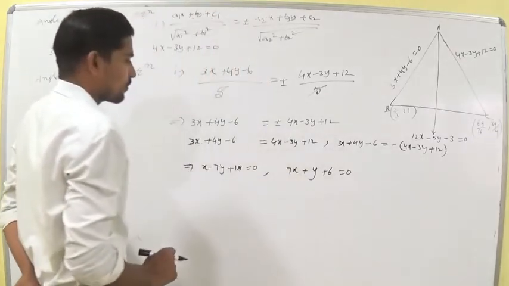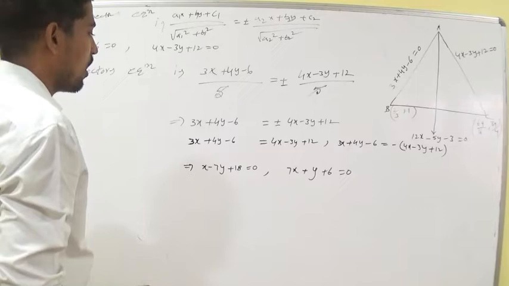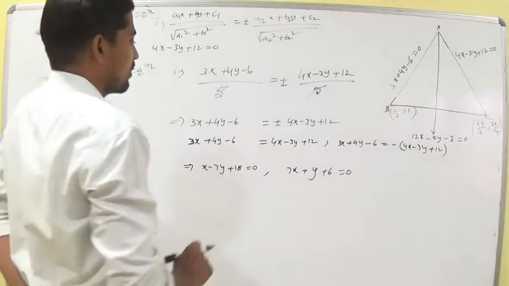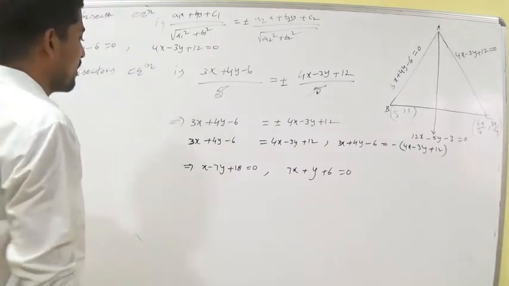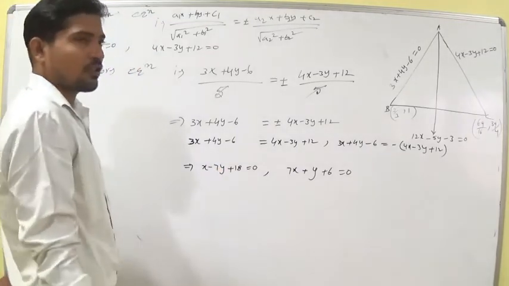So 7x plus y plus 6 equal to 0 and x minus 7y plus 18 is equal to 0.